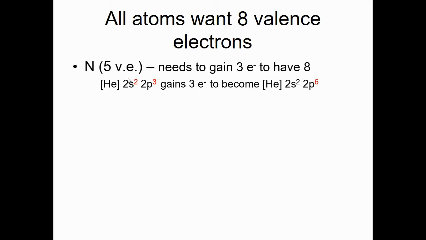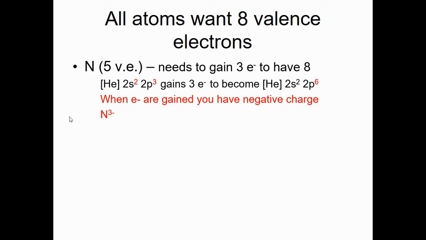Nitrogen now gained 3 electrons. So remember we said nitrogen is neutral if it has the same number of protons as electrons? Well, now it doesn't, because the protons didn't change, and now it gained 3 electrons. So now nitrogen has a charge of 3 minus. Electrons are negative.